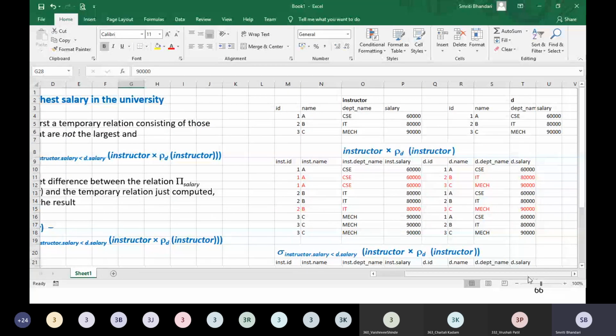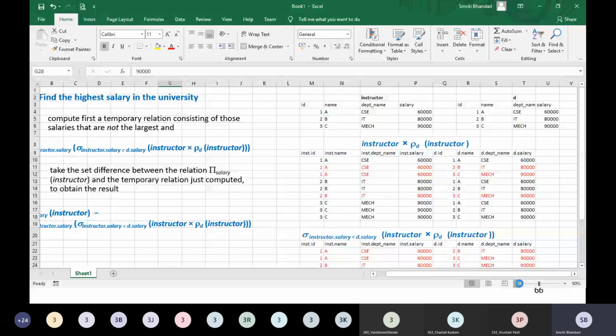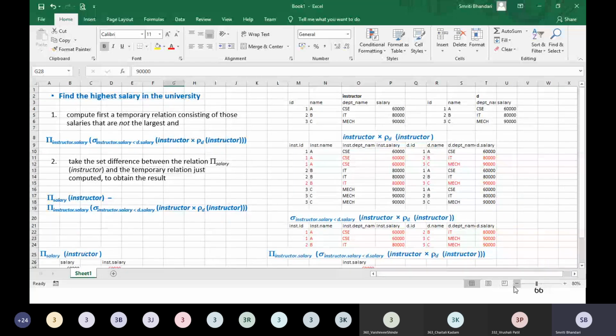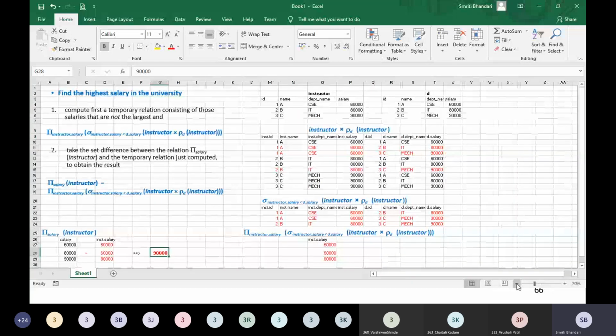Any doubt? Yes, any doubt? Hello, ma'am. Yes. Ma'am, instructor in second column. Why we are not considering 90,000, last 3C?